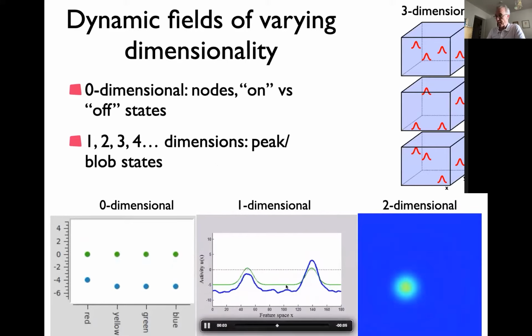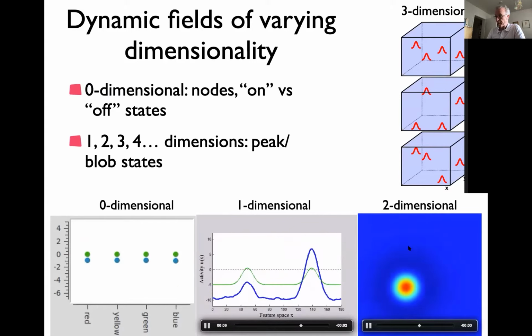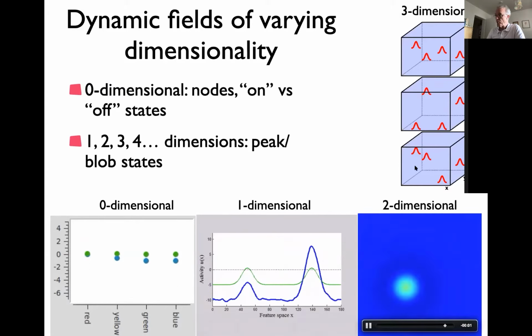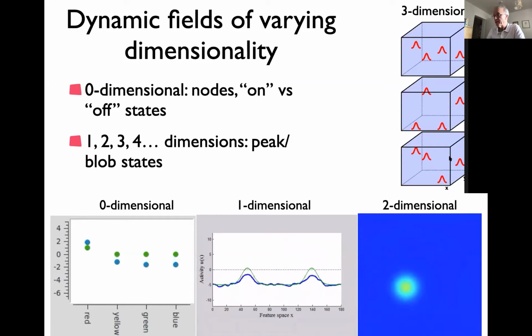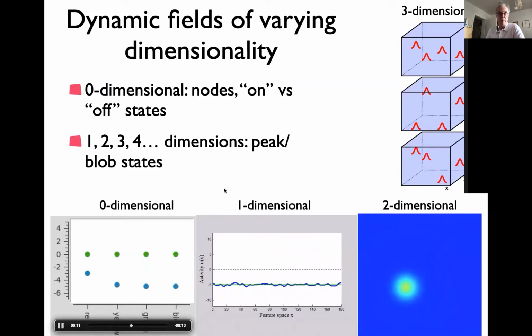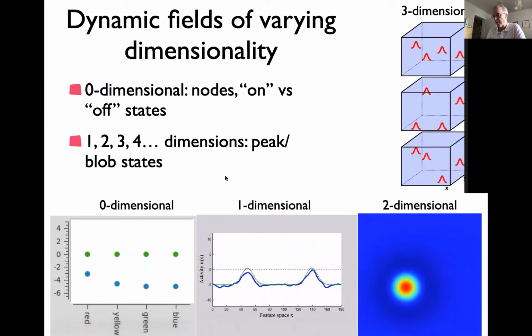So we've used the one-dimensional fields most of the time, and you already saw two-dimensional fields. We routinely use three-dimensional fields. We have used four-dimensional under some special circumstances. We use a lot of zero-dimensional fields, which are just nodes, individual nodes that play a role.